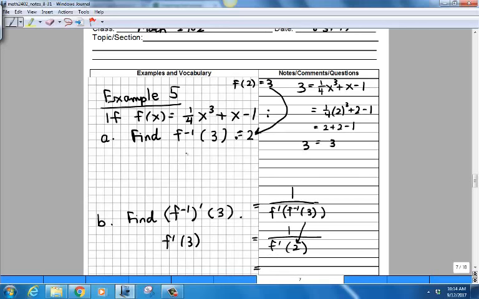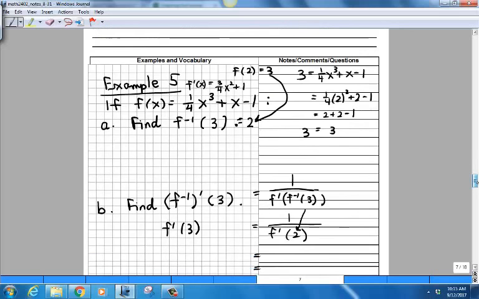The derivative of the original function. This is the derivative of the original function. Well, let's see if we can write that down really fast. What is the derivative of this function? It's 3/4 x squared plus 1. So all you have to do is plug 2 into 3/4 x squared plus 1.